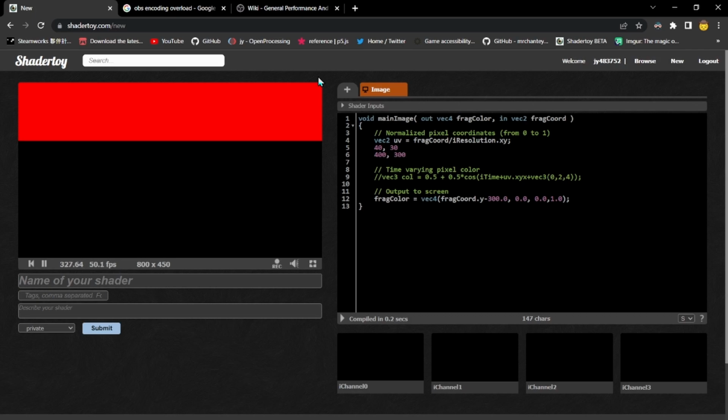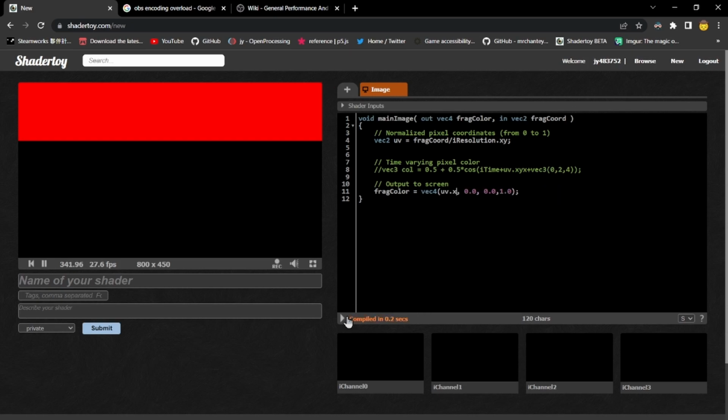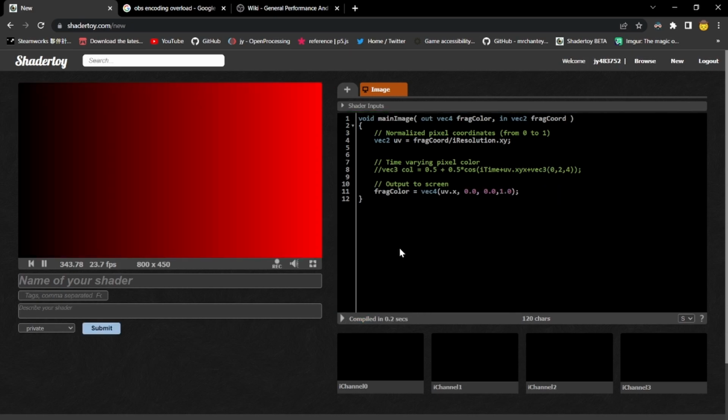This is called normalize. So if we try to render UV x, you'll see that for pixels around here, the coordinate is something like 5 200. So 5 divided by 800 here is close to 0, and 200 divided by 450 here is about 0.5.